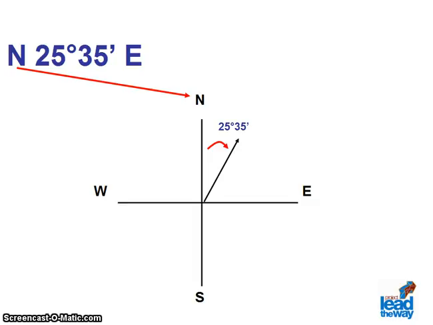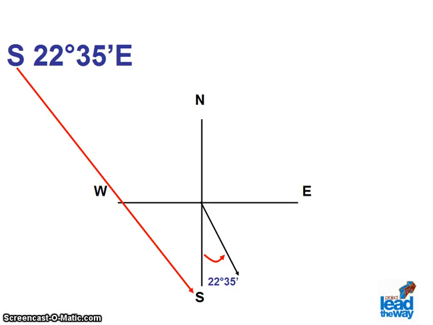Turn towards the east and draw a line, an angle of 25 degrees 35 minutes. South 22 degrees 35 minutes east, on the other hand, means to stand at the origin and face south. Turn toward the east. Draw a line, an angle of 22 degrees 35 minutes.